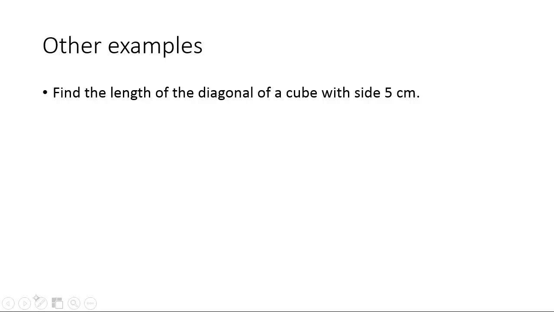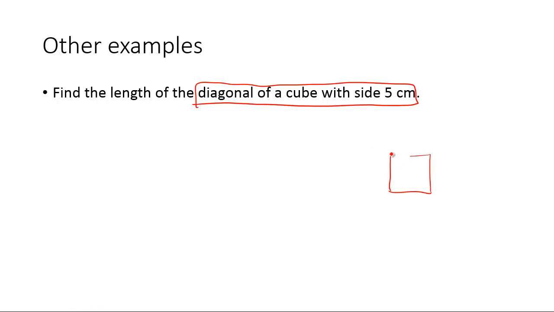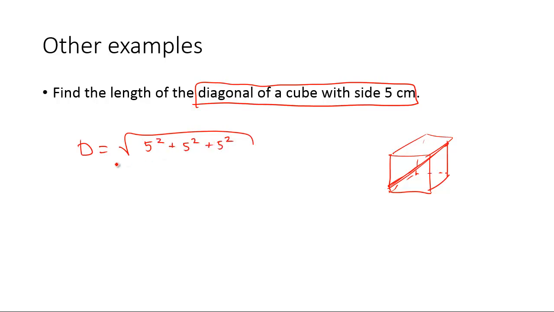So, knowing that, find the length of a diagonal of a cube with side 5. So the cube is 5 by 5 by 5. So just like the length of that diagonal box, we want the diagonal in there. And we've already found that the diagonal is going to be the square root of the squares of all the sides from the previous example.